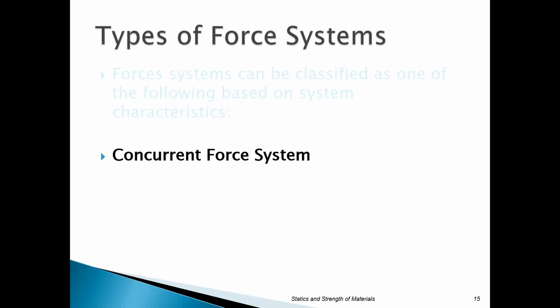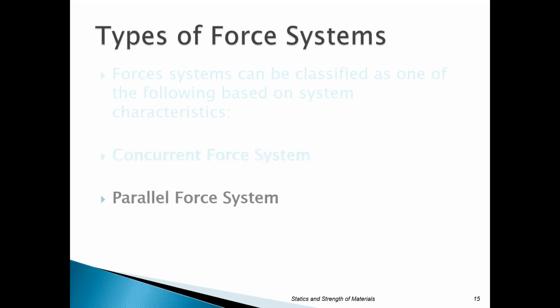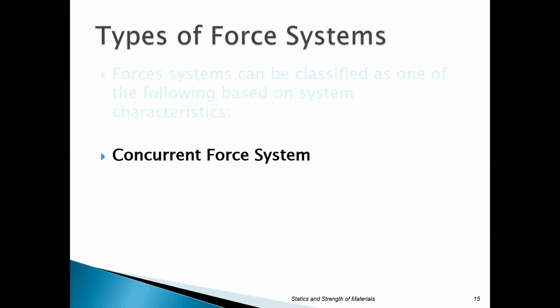So if you recall, when we talk about concurrent force systems, what we're saying is that all the forces' lines of action intersect at one unique point. Okay, so if you have 2 vectors or 10 vectors, it doesn't matter. They all have to intersect at the same point to be truly concurrent. And we've already kind of looked at some of those examples, but we'll look at some more today.